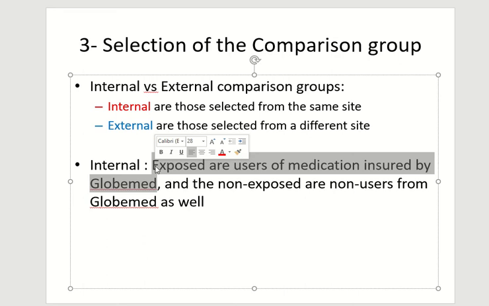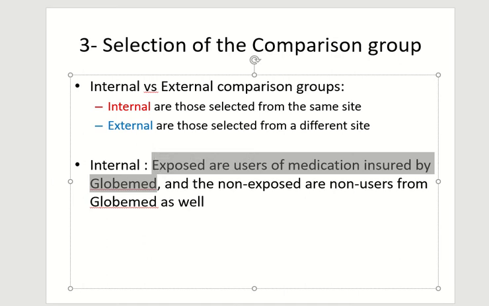Okay, so the good thing about this method is that since both of them are GlobeMed insured, it means they probably have the same kind of socioeconomic status, the same kind of education, the same type of health service utilization in the past, because they kind of come from the same place.